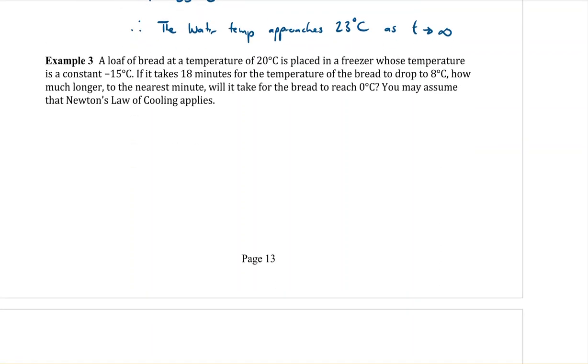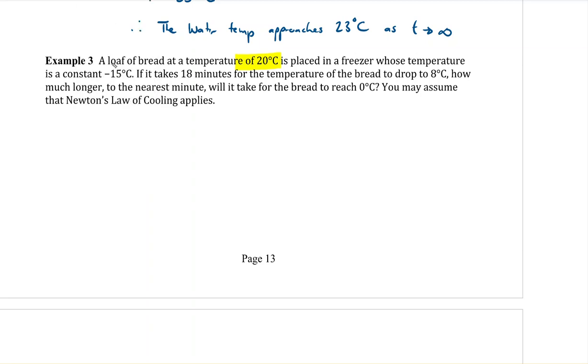Question 3. A loaf of bread at 20 degrees Celsius. So that 20 degrees Celsius is my starting temperature, isn't it? So at time 0, my starting temperature is 20 degrees. It is placed in the freezer, so I'm cooling it down, and this freezer is a constant minus 15 degrees Celsius.